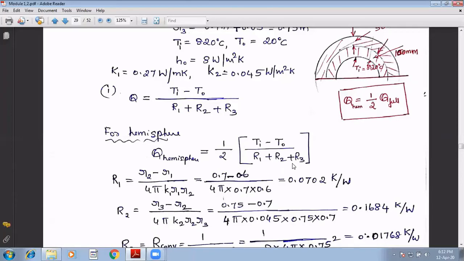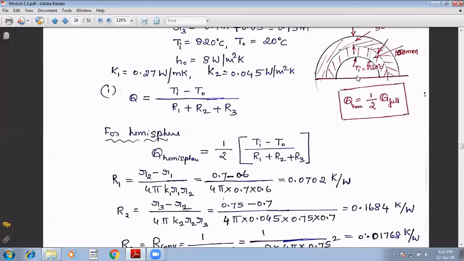Now, how many resistances? 3 resistances. First one is conductive resistance R1, second R2, and R3 is convective resistance. As it is a sphere, the conductive resistance is given by (R2 minus R1) divided by 4 pi K R1 R2. Now, see here, from this center point to this point is R1, from center point to this point is R2. Now, remember like this: outer radius minus inner radius divided by 4 pi K R1 R2.